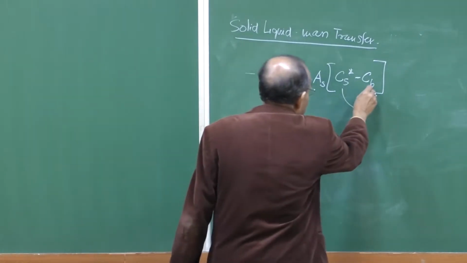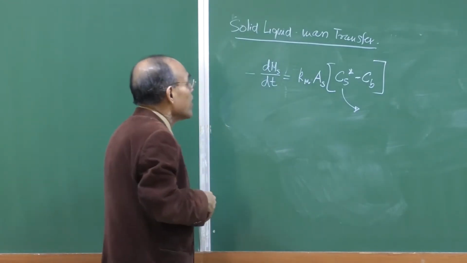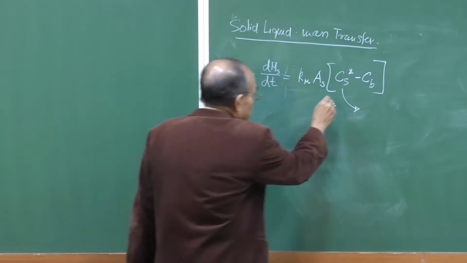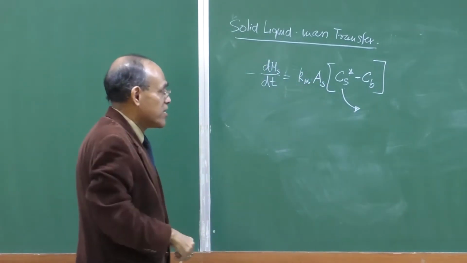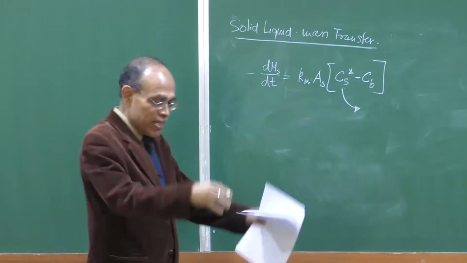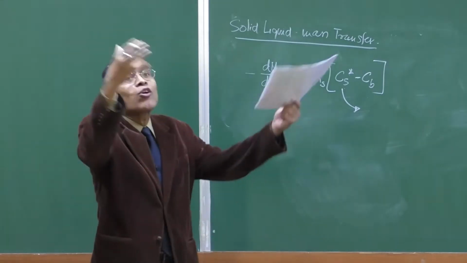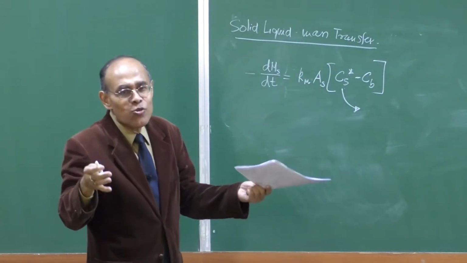The bulk concentration is exactly equal to the concentration at the edge of the boundary layer under the assumptions. So, therefore, this is known from thermodynamics. This is the solubility limit. So, this value will be known, and this value Cb, because as the solid is dissolving, the bulk concentration is progressively going to increase, but the bulk is typically so large.